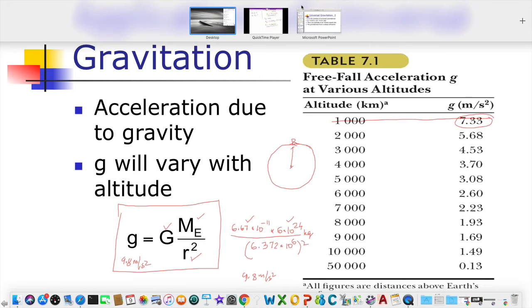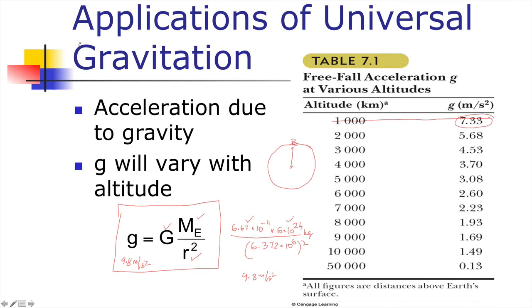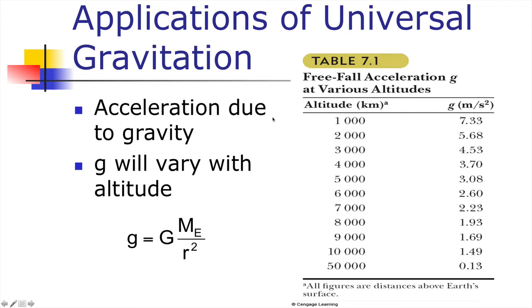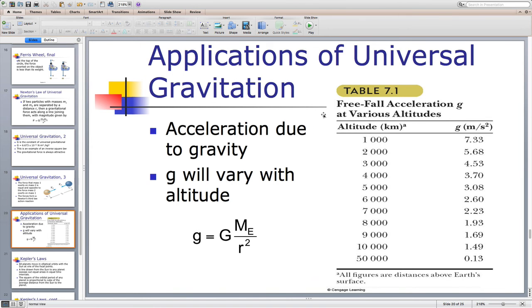Where is it? If you see, the International Space Station is not even at an altitude of 1,000 kilometers.